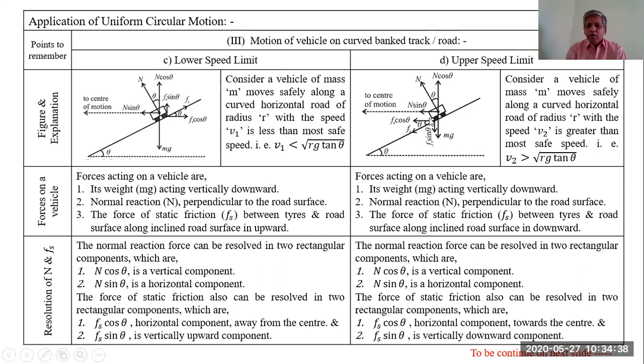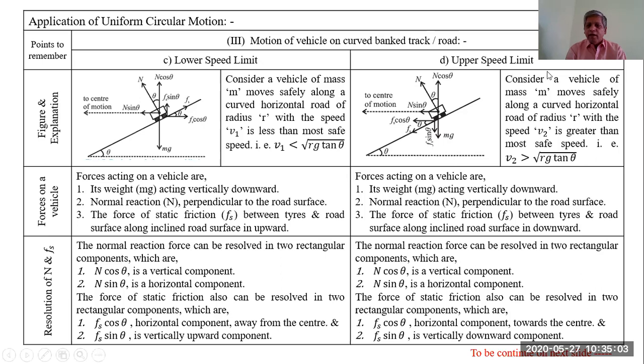Here, the horizontal component of the normal reaction is N sin theta, and the horizontal component of the force of static friction is Fs cos theta. Both are along the same direction, toward the center. Therefore, the combination of these two forces, N sin theta and Fs cos theta, provides the necessary centripetal force.